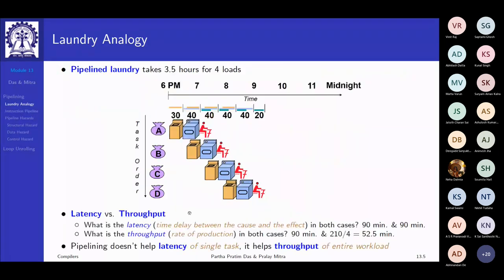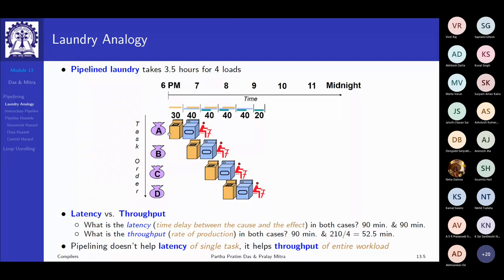In the next slide, we have this pipeline structure. The first person initially puts in the load, only washing the clothes. Then it goes for drying when the second person has put in the washing load in the washing machine. In the third part, when the first person is doing folding, the second person puts the clothes for drying, and the third person starts doing the washing.